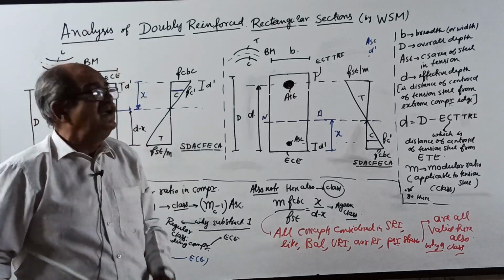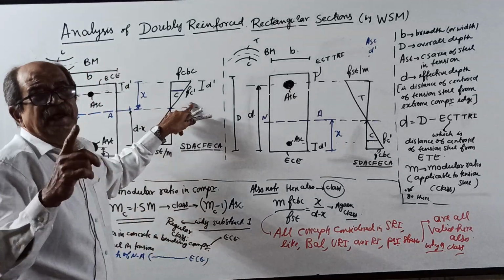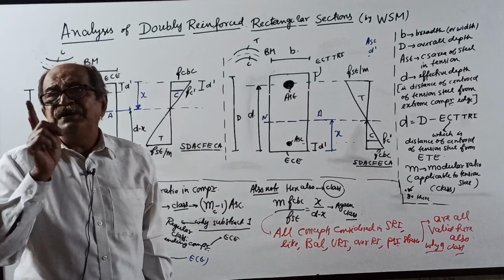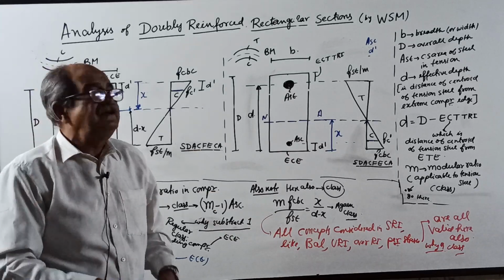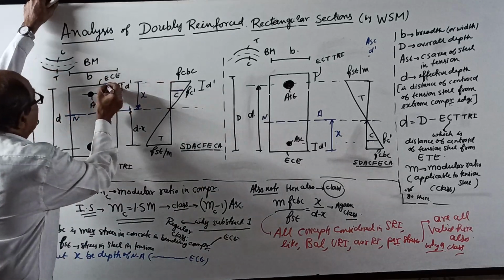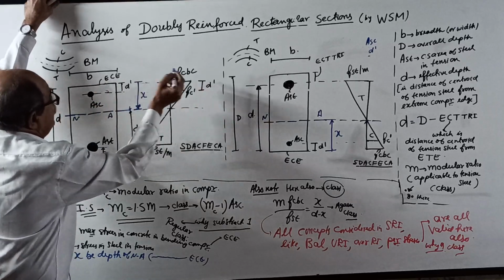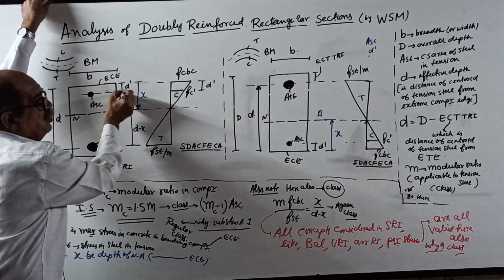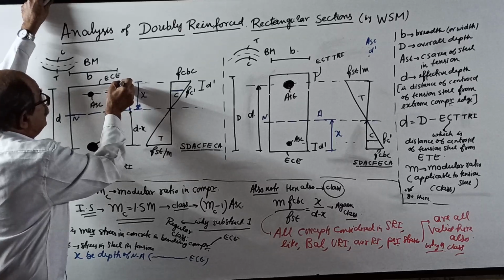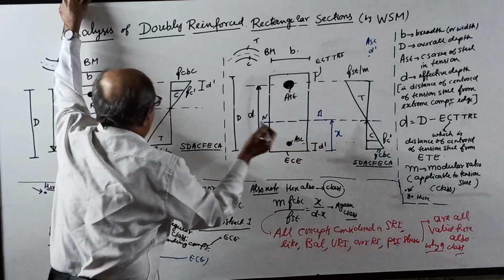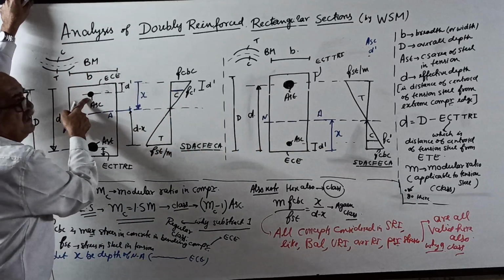FC dash is compressive stress in concrete, not in steel. See, here the extreme fiber stress is FCBC. From here, come towards neutral axis by D dash, or reach the level of ASC.